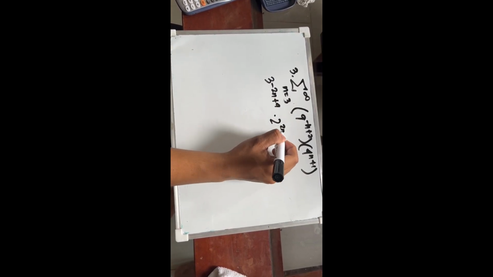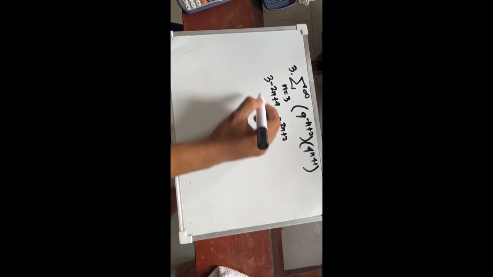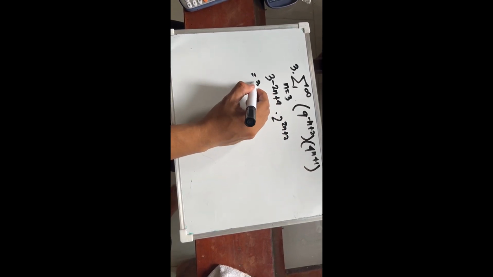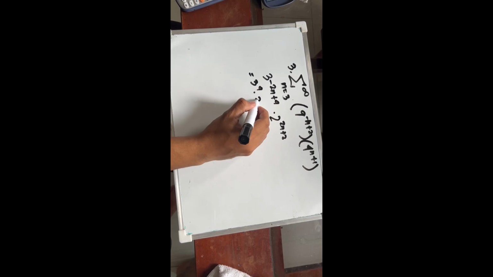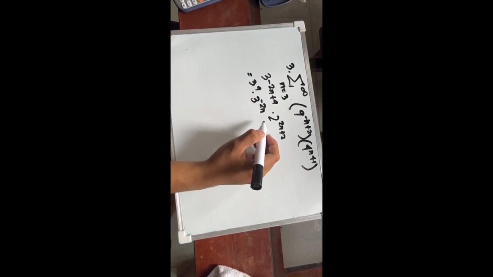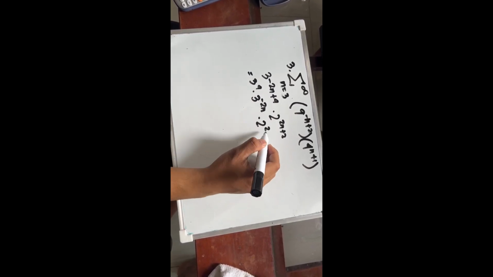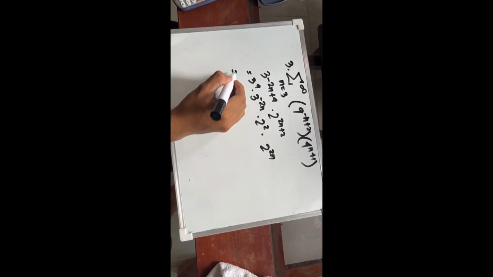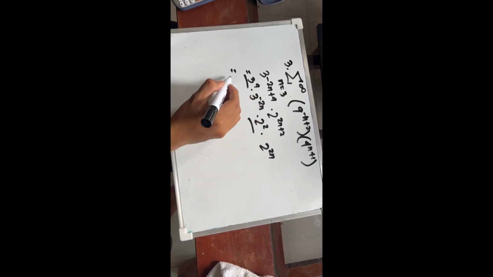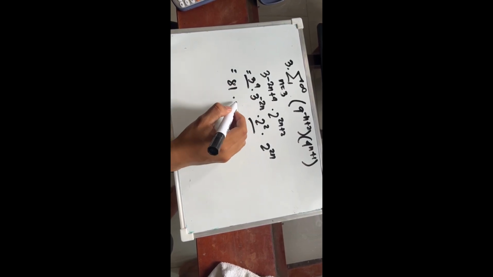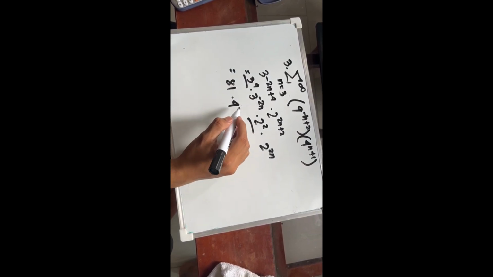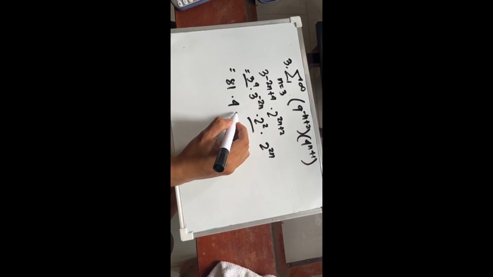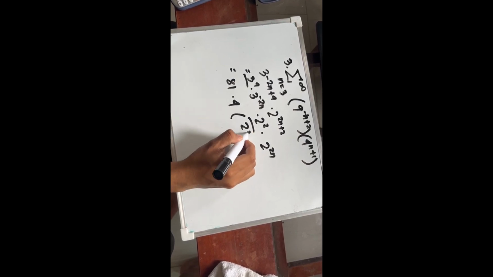We can write 3 raised to negative 2n plus 4 times 2 raised to 2n plus 2 equals 3 to the power of 4 times 3 raised to negative 2n times 2 squared times 2 raised to 2n. So, let's factor out that constant.